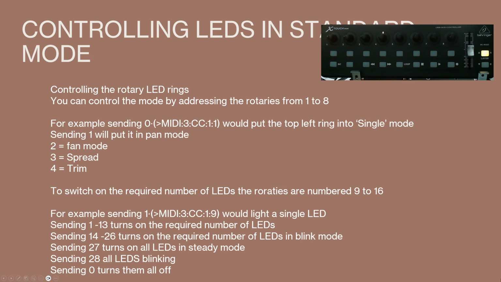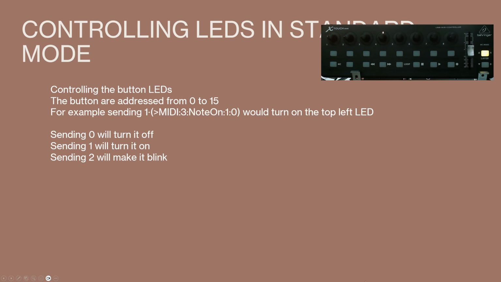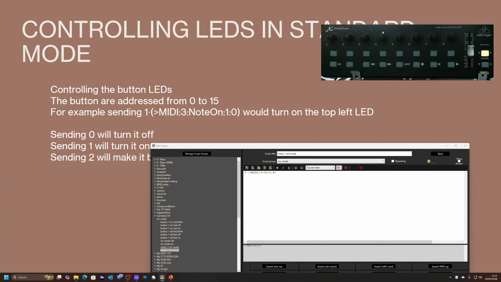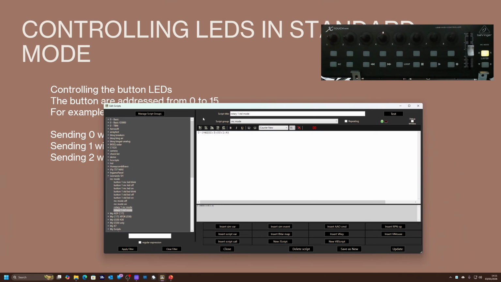Let's try turning one of those on if I can find my pointer. Okay, so this will be 9, 10, 11, 12. So I'm going to address number 12, and I'm going to send the value 3 to it. And you can see it's lit up the third segment there.